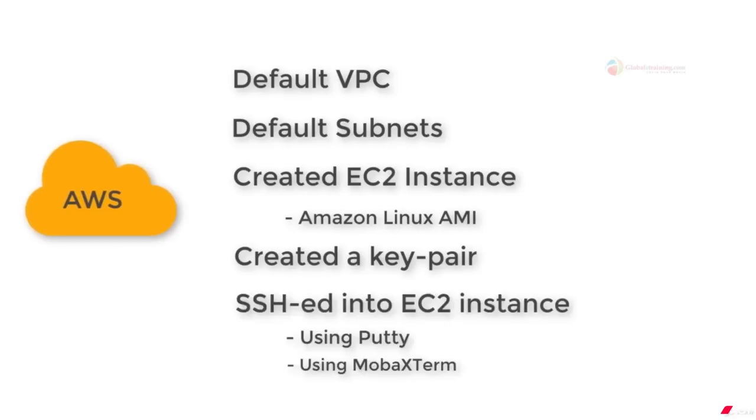And then to make it work with PuTTY, we loaded it using the PuTTY key generator and extracted the public key and the private key, which is .ppk for PuTTY private key, and then used it with PuTTY to connect to the EC2 instance. And then we used MobaXterm to connect to our EC2 instance using the command provided by AWS.